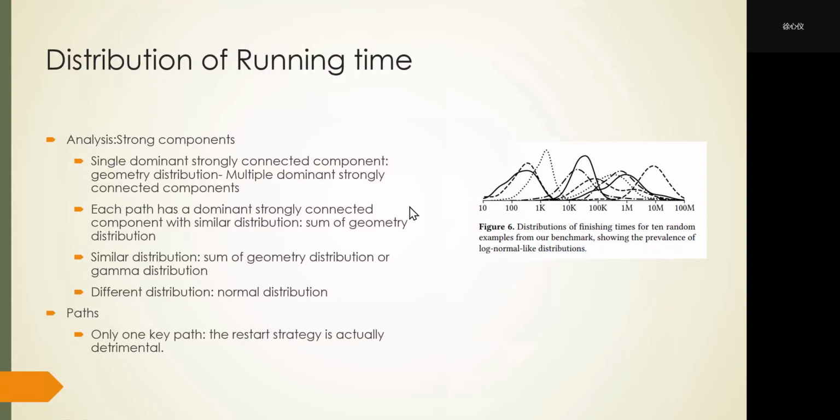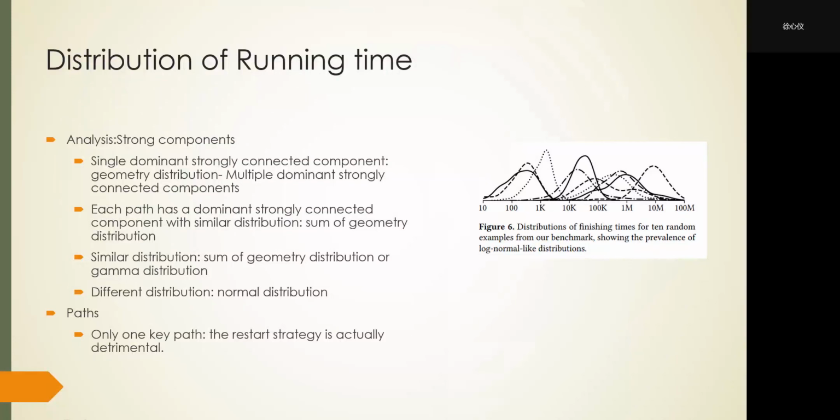So with similar distributions, the paper thinks it will be a gamma distribution. But if the distributions of those strong components are too different, then they will be viewed as a normal distribution.